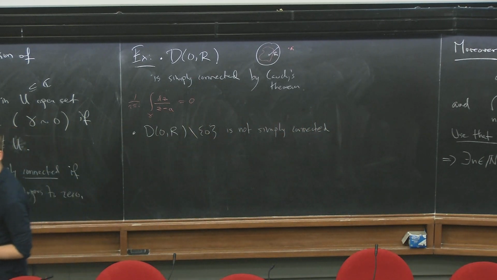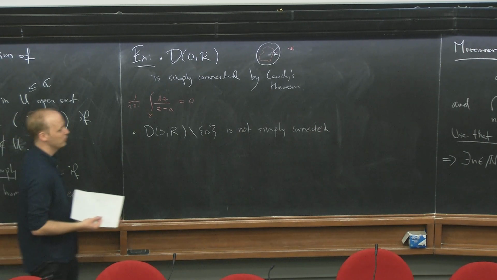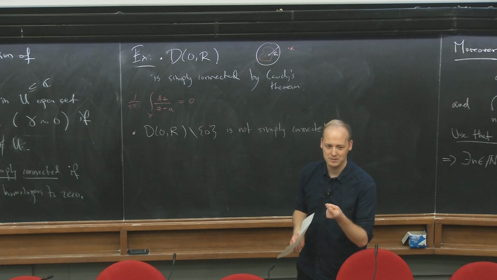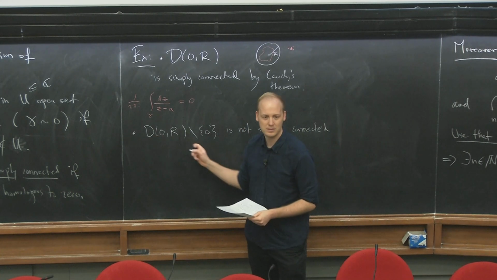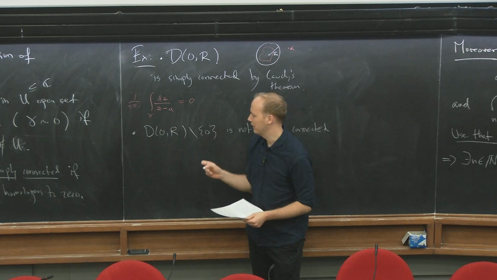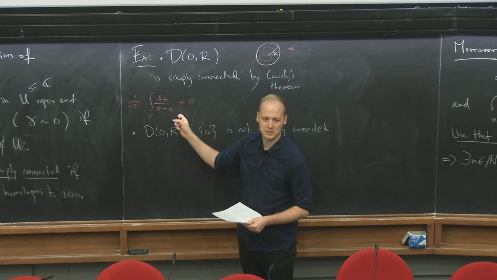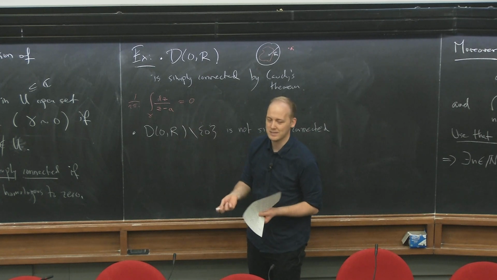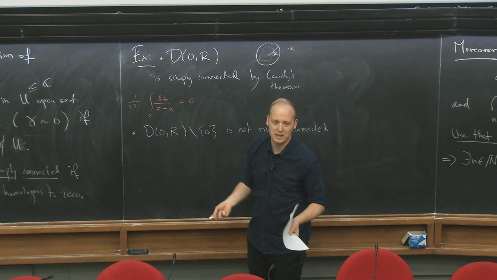If it's not simply connected, it means we can find a point a outside of our domain such that this kind of integral is not 0. And here I claim that we can easily see which point a we want to use.